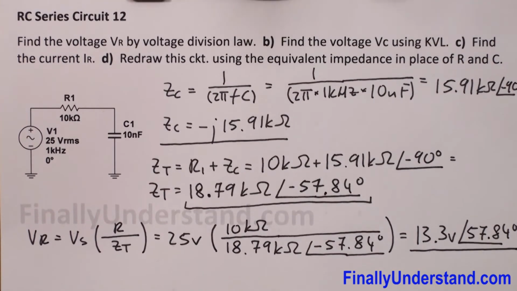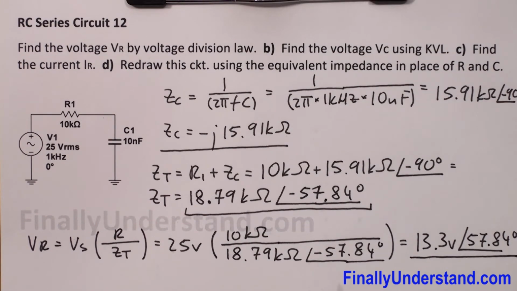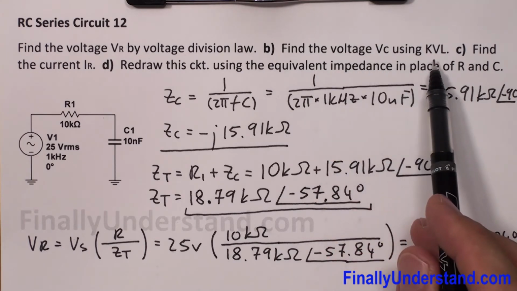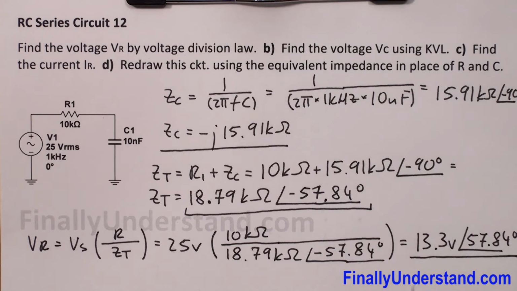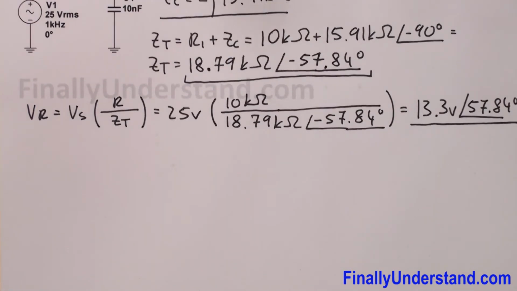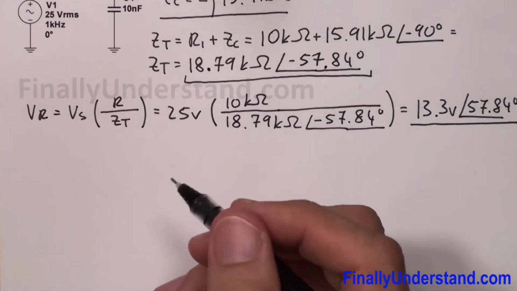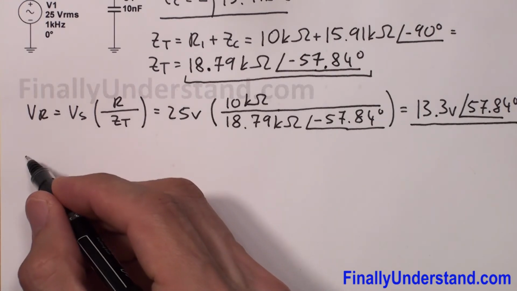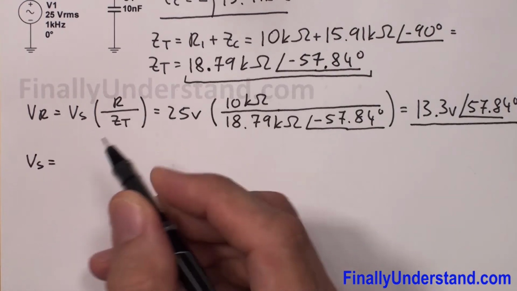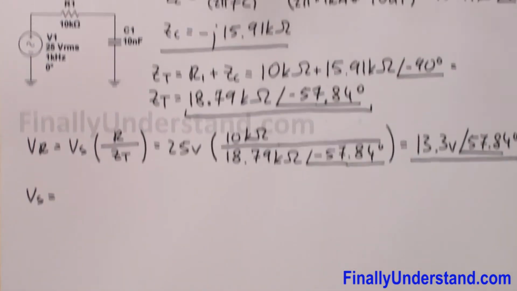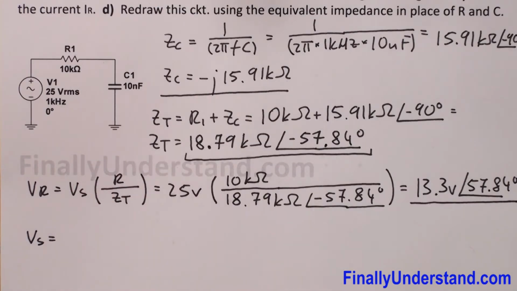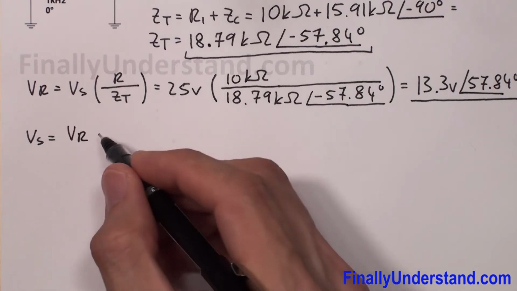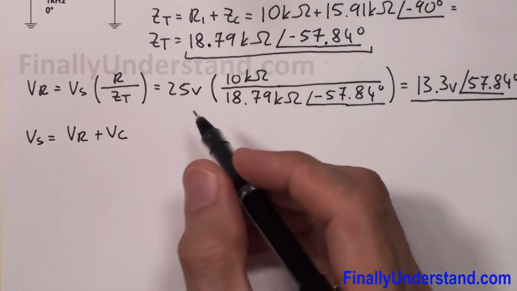Next, we're supposed to find the voltage across the capacitor using Kirchhoff voltage law. In order to do so, we're supposed to simply write the KVL for the circuit. So we have to write that the voltage source is the sum of the voltage drops across each component. So I simply write that the voltage source is equal to VR plus VC.